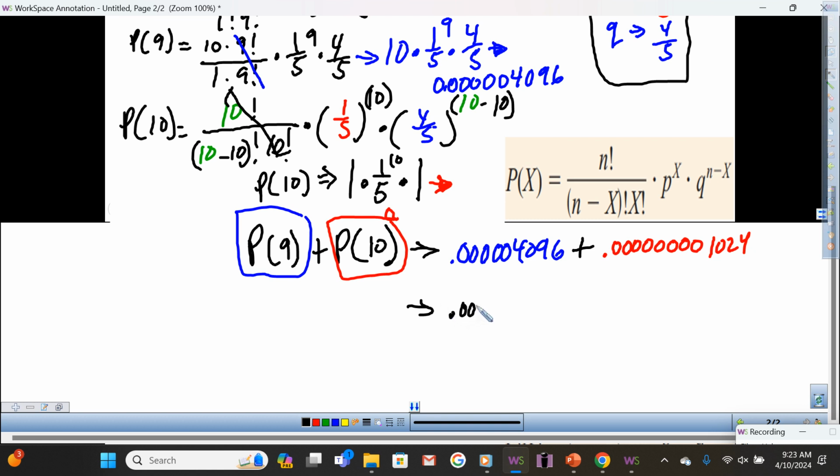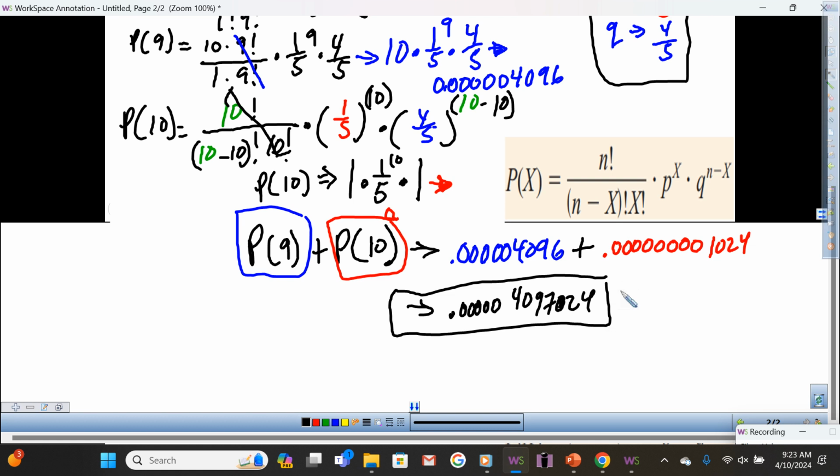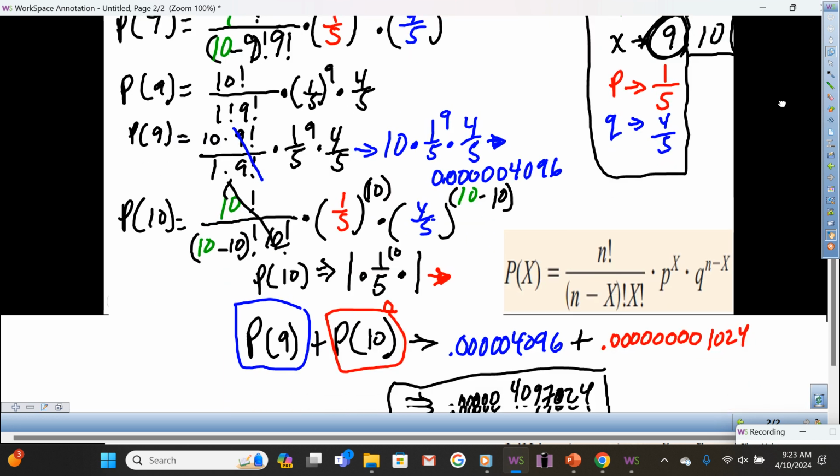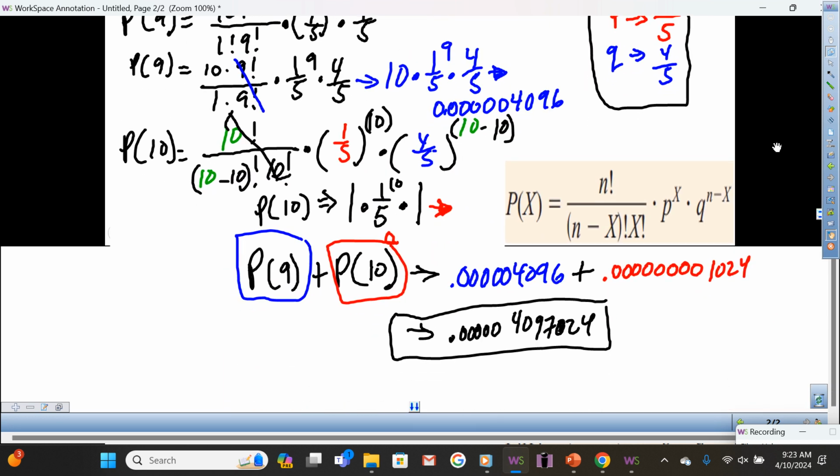Point 1, 2, 3, 4, 5 zeros. 4, 0, 9, 7, 0, 2, 4. And that is the probability of what? Of at least 9 people visiting the doctor last month.